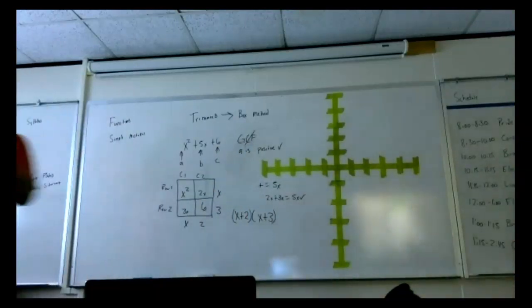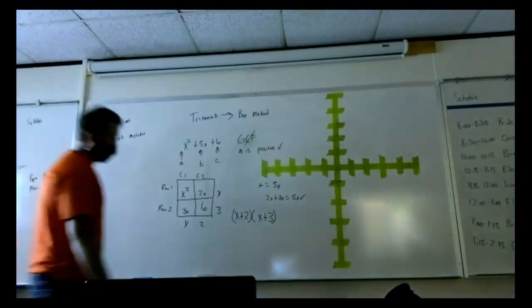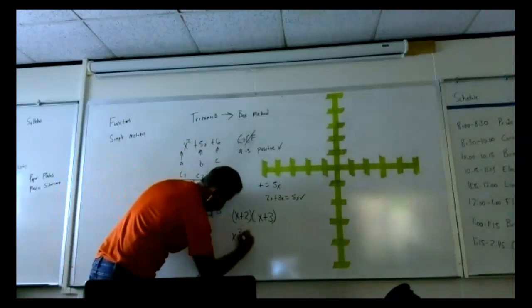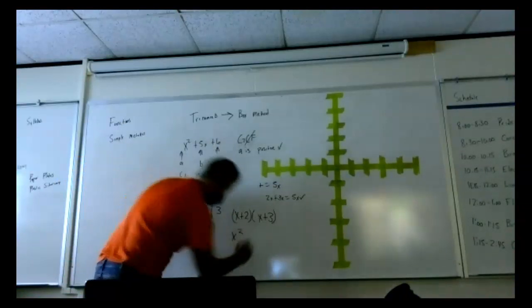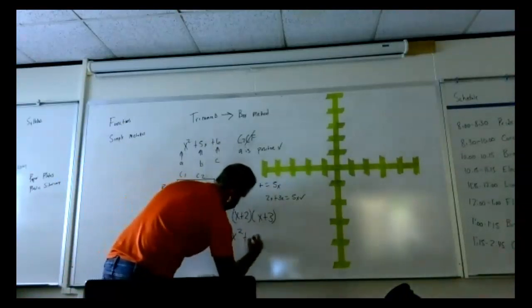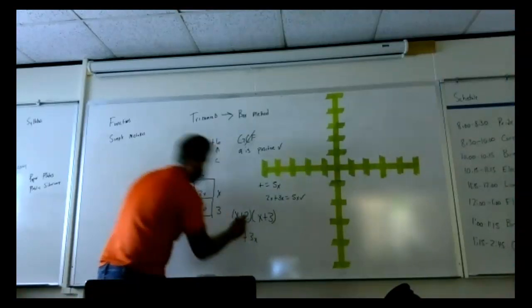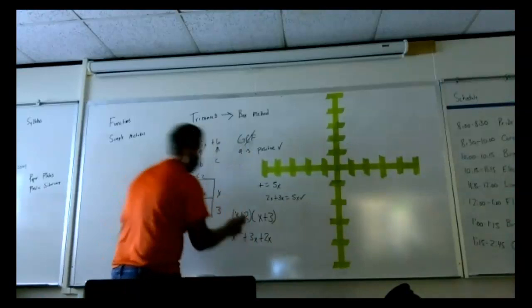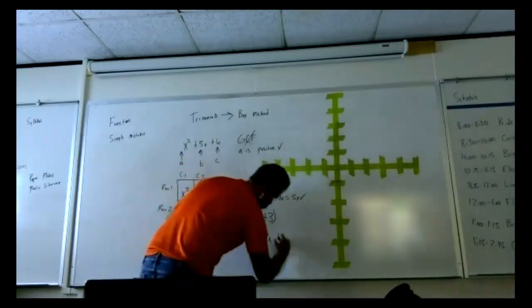So once again, to check yourself, you can always multiply them back together. Since these are two binomial terms, we'll have to multiply them with FOIL. So x times x is x squared. x times 3 is 3x. 2 times x is 2x. 2 times 3 is 6.